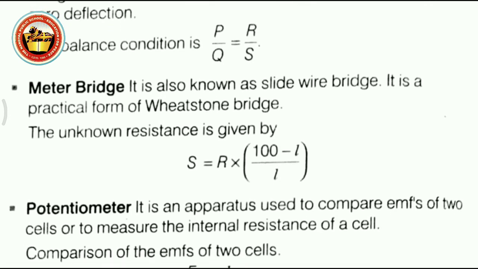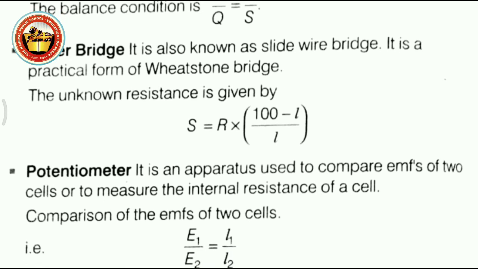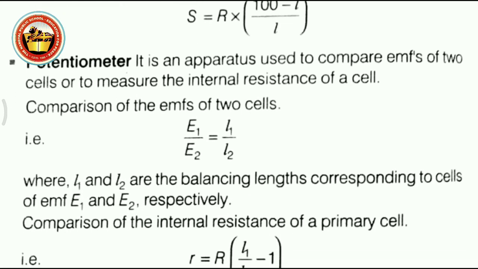Next, meter bridge. It is also known as slide wire bridge. It is a practical form of Wheatstone bridge. The unknown resistance is given by S is equal to R into 100 minus l by l. Potentiometer.